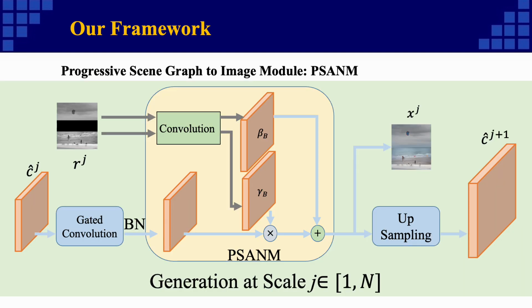There are two important network components at every scale of the generator. The first component is the gated convolution, which aims to inpaint the missing area uncovered by any object group. The second component is a patch-guided spatially adaptive normalization module, PSANM. In PSANM, our reference image Rj is employed to predict spatially adaptive normalization parameters.